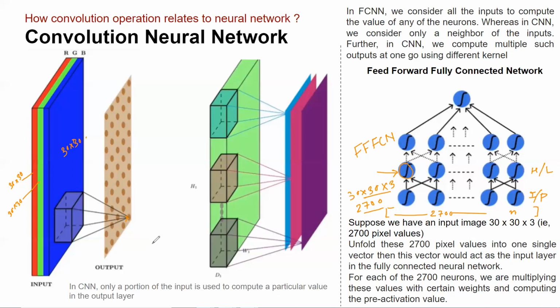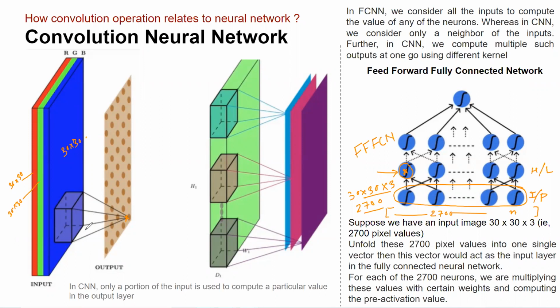But my point is, in a feed forward network, to compute this neuron we were relying on all these neurons of the input layer, because it is connected to all of them. Whereas in CNN, to compute this neuron of the hidden layer, we need not rely on all the neurons of the input layer. We just need to rely on a few neurons, which will be decided by your kernel size.